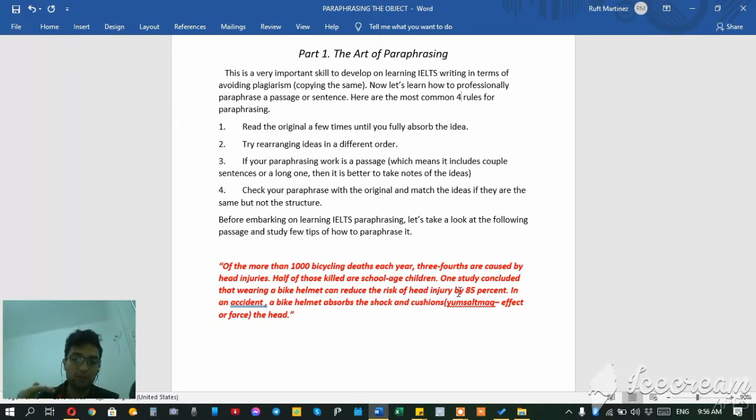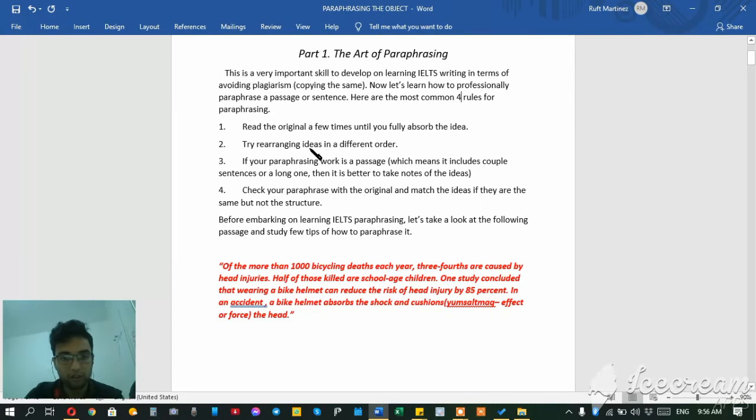You should keep the idea, but change the structure of the sentence. It means you have one final destination to go, and the question is the one way. So what you have to do is establish another way to get to that destination, which means the destination is the same, but the roads are different.